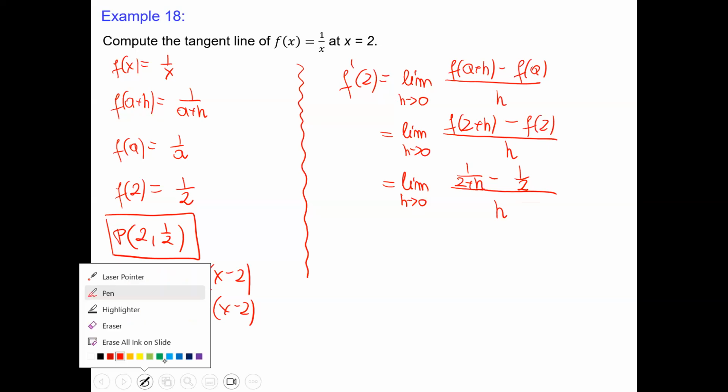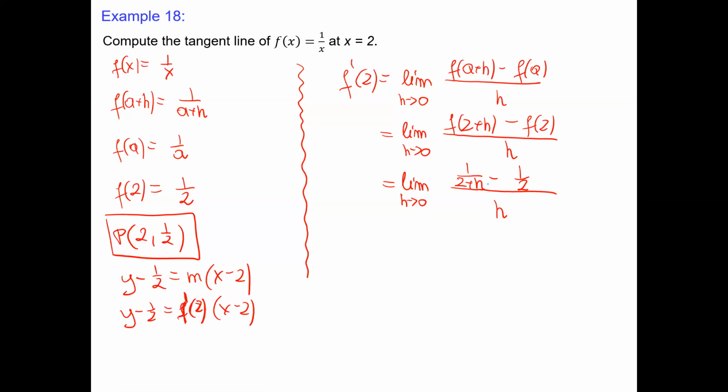And then we have 0 over 0 when we substitute 0 right away instead of h, but I will multiply each term by 2 times (2 plus h). I will multiply the denominator and distribute this in. You remember that part of algebra to simplify lots of fraction bars. We just need one fraction bar.